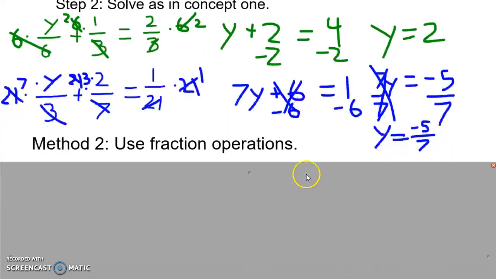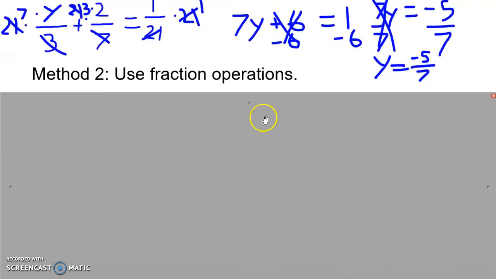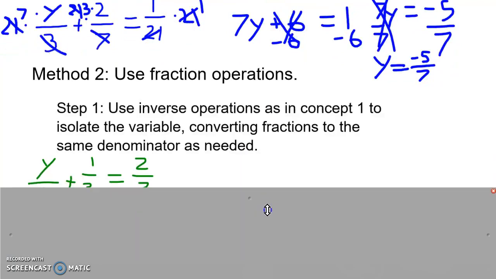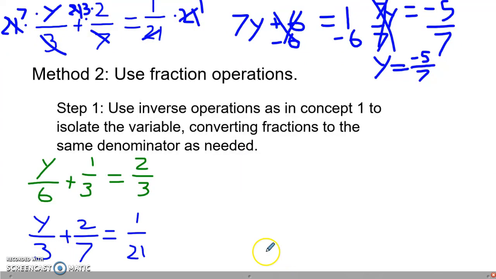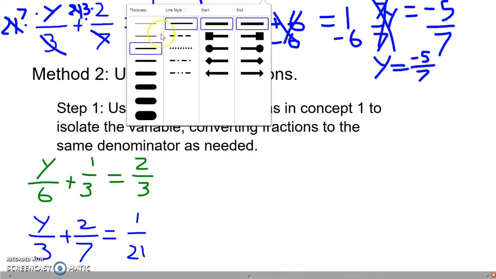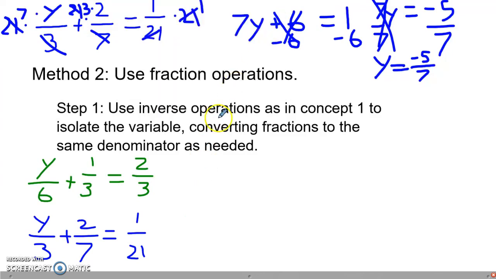Now, the other way of doing things is using fraction operations. This is basically solving the problem the same way you would if it didn't have fractions in it. We use the same methods, so we're going to use inverse operations.